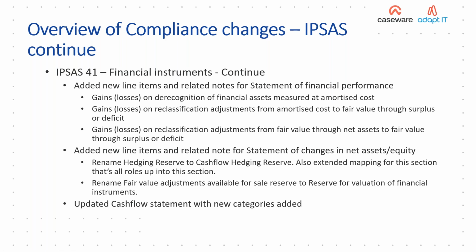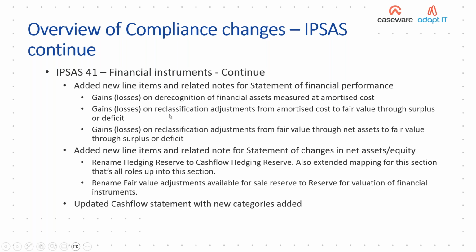Then on the income statement, we also added gains and losses on the recognition of financial assets measured at amortized cost, a new line item for gains and losses on reclassification adjustments from amortized cost to fair value through surplus and deficit, and gains on reclassification adjustments from fair value through net assets to fair value through surplus and deficit.